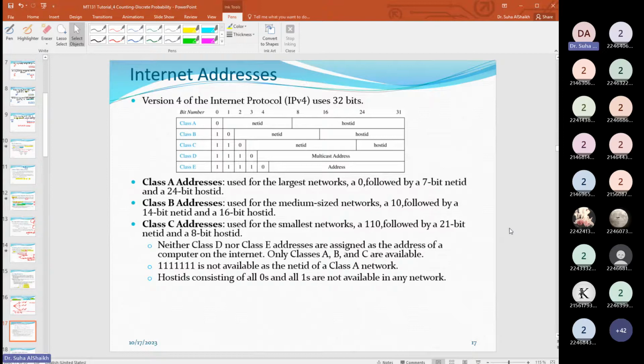Version 4 of the internet protocol, IPv4, uses 32 bits. What do bits mean? They are 0 and 1 entries. This version has class A, class B, class C, class D, and class E.